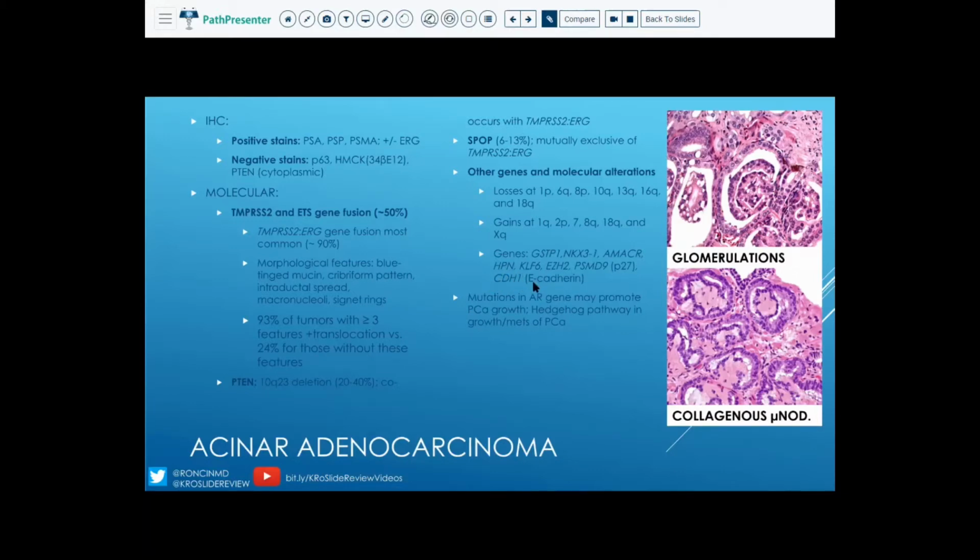You want to always keep in the back of your mind the correlation between signet rings and loss of cell cohesion, CDH1, regardless of where you are. Androgen receptor genes are also thought to maybe promote growth in androgen-deprived lesions. And there's also talk about the PI3K pathway being related to both the growth and metastasis of prostate cancer.